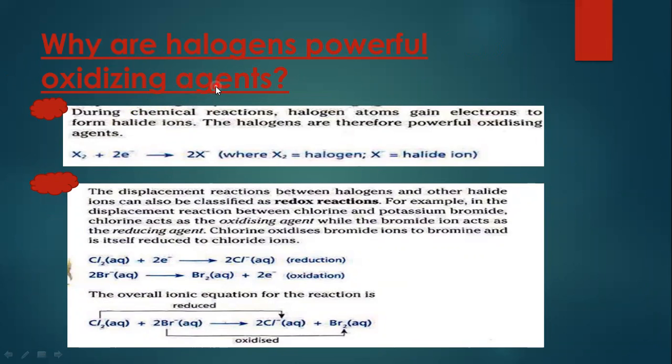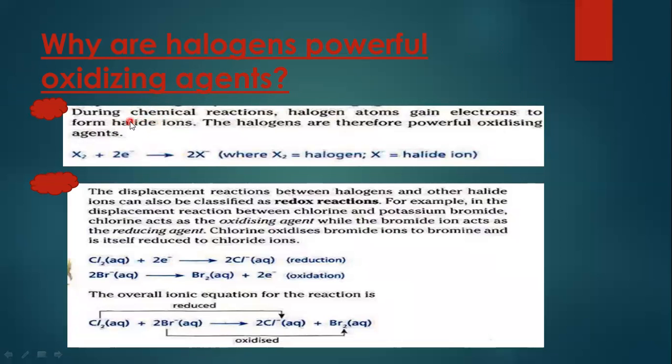We discussed in our previous chapters that oxidizing agents are those elements that undergo reduction, or they oxidize any other substance. So we define halogens as powerful oxidizing agents.